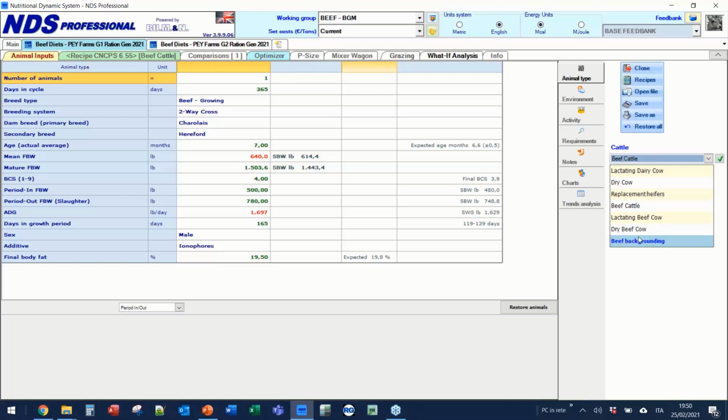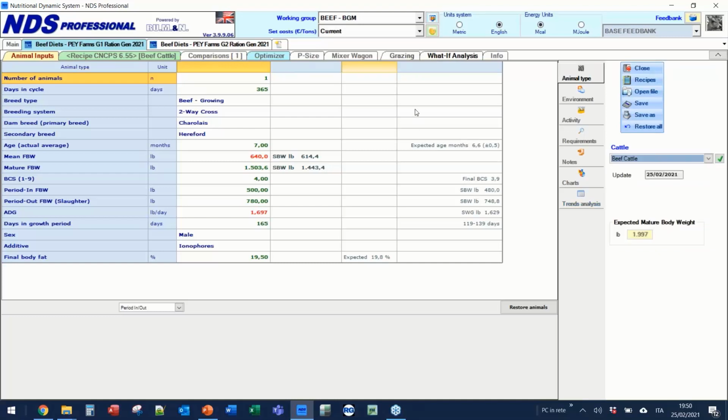And we also recently added the beef backgrounding, in order to evaluate the diet for young beef fed mostly with a forage diet.